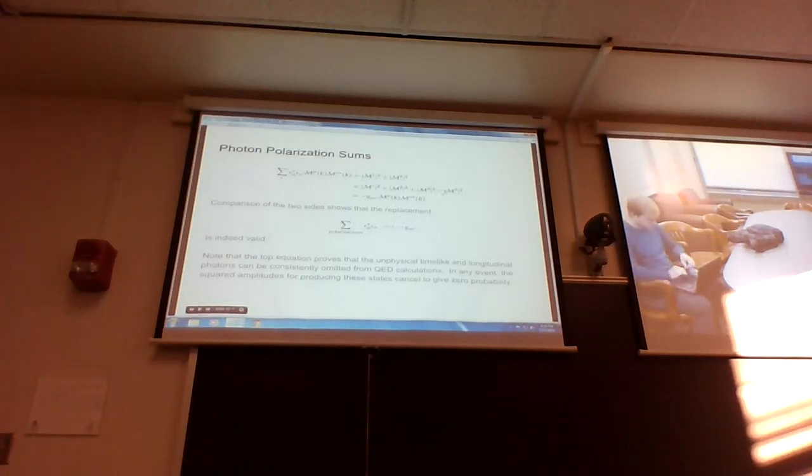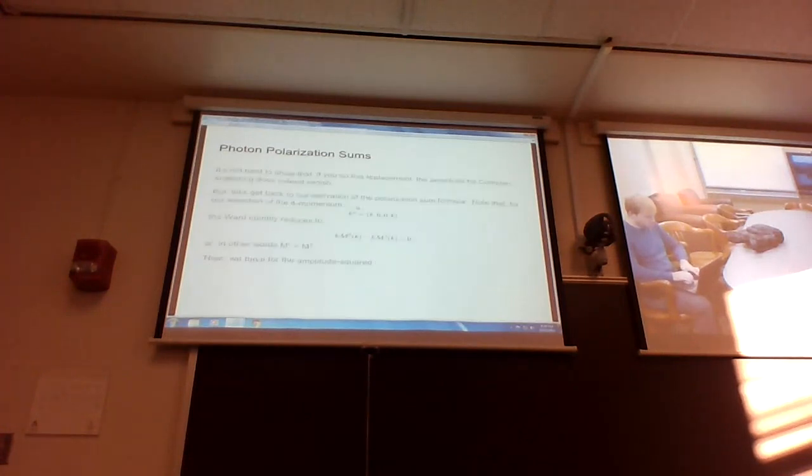You pull out the minus sign, and then you have the 0 minus the 1, 2, and 3 components, and that's the metric tensor in our convention. Comparing this side to this side, when summing over polarizations you might not be able to write down an equals, but from the comparison you can see that I can replace the sum with just minus g mu nu. And so it's valid.